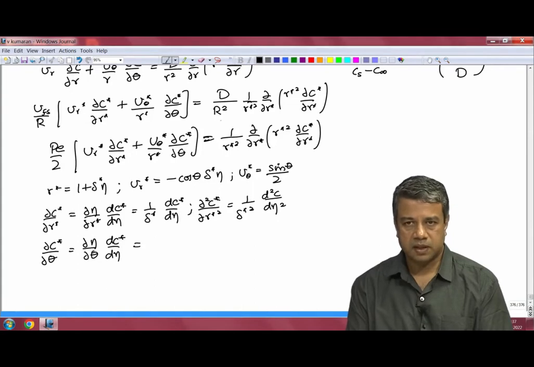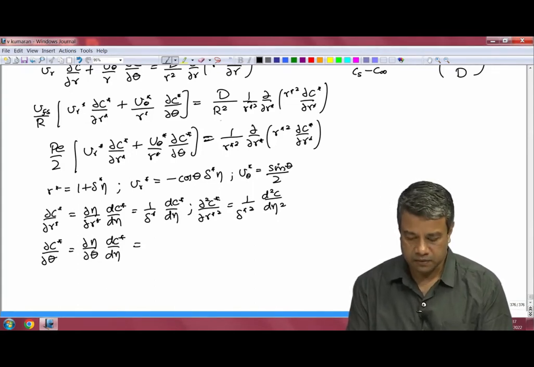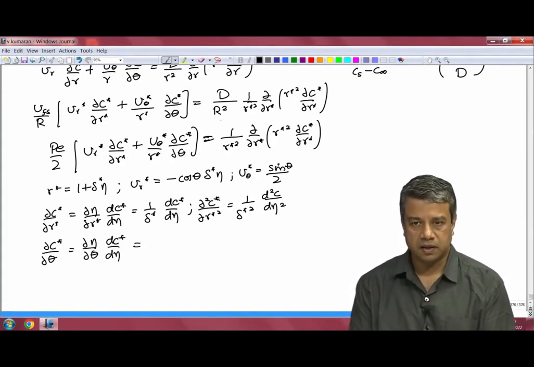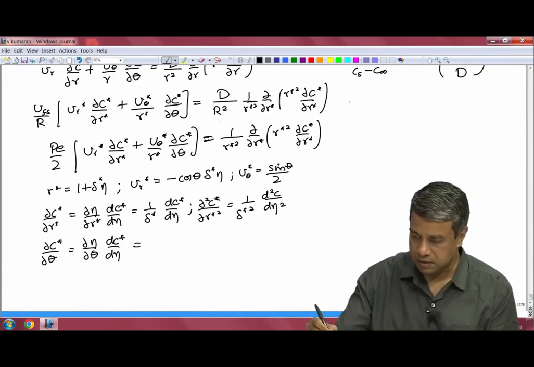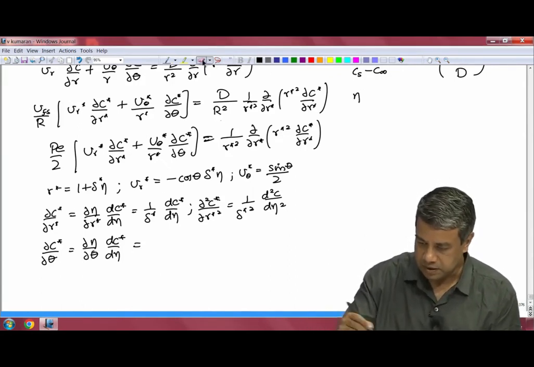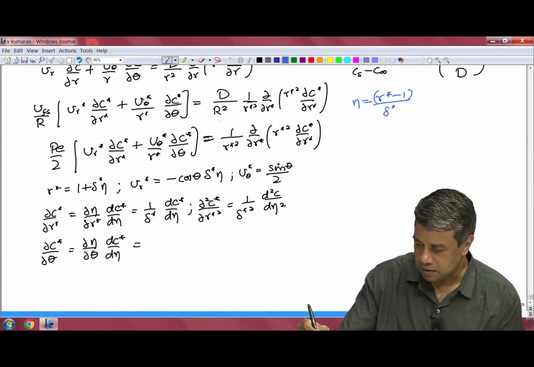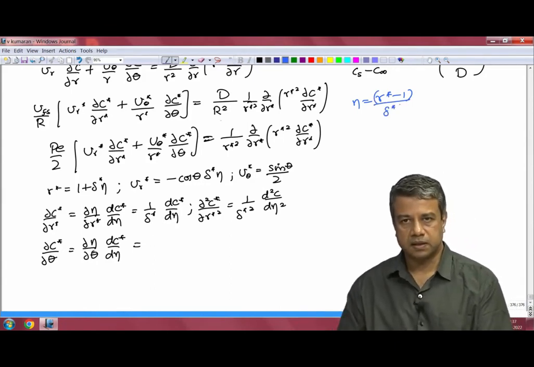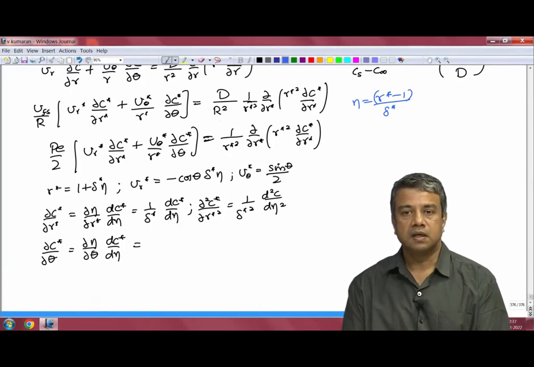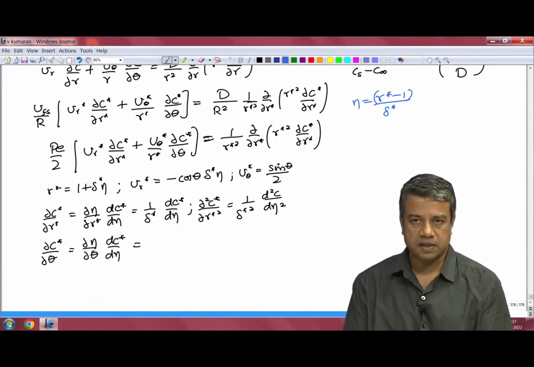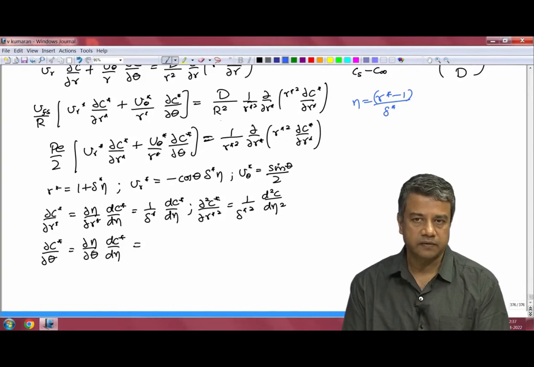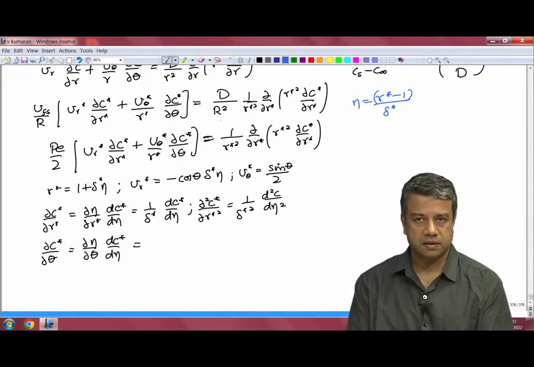Eta depends upon theta only through the dependence of delta on theta. Recall that eta is equal to r star minus 1 by delta star. Recall that that is a similarity variable: the scaled distance from the surface divided by the boundary layer thickness, that is the similarity parameter eta.